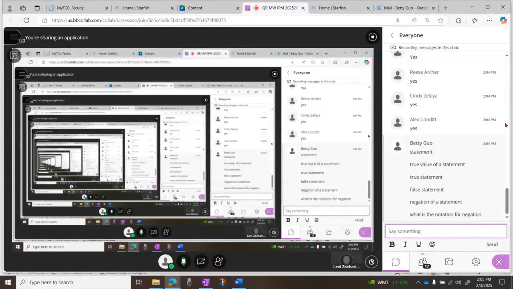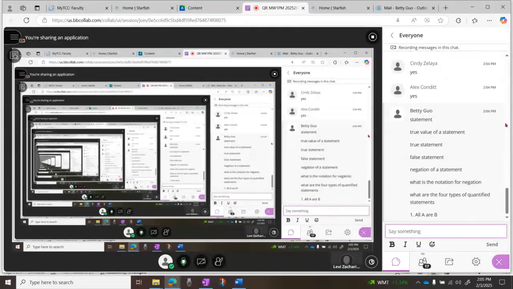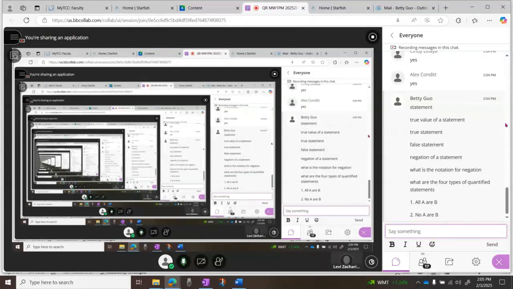And also we learned the 4 types of quantified statements. The first one, all A are B. What's its equivalent? What's its negation? No A are B. That's the second type.